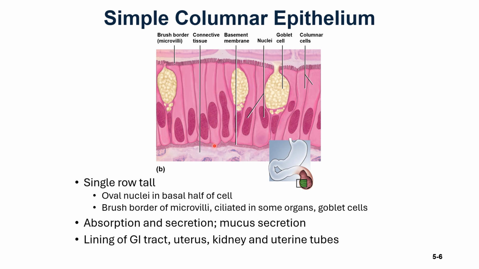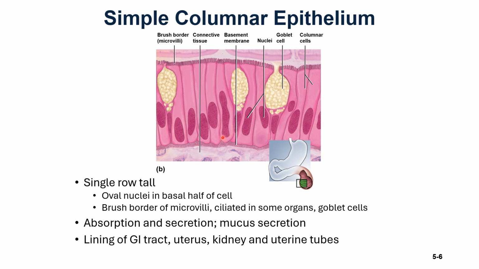All the cells touch the basement membrane, and the free surface, which is the apical surface, has got a brush-like border because of the presence of microvilli. So the microvilli are present on the apical surface, and that gives the cells a brush-like border.